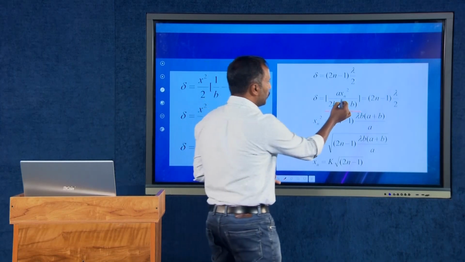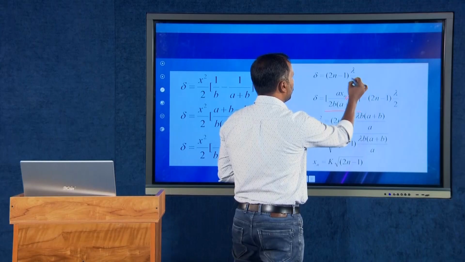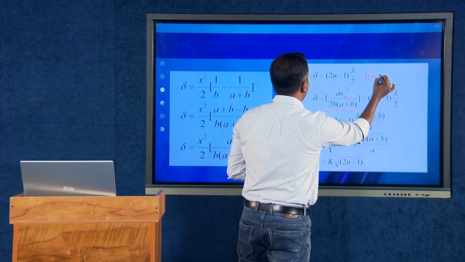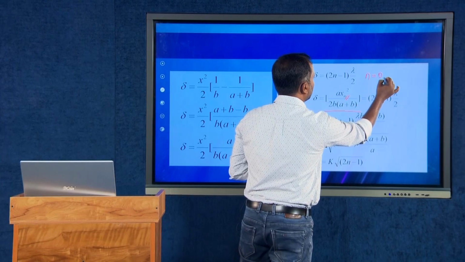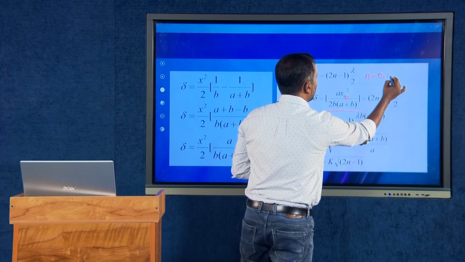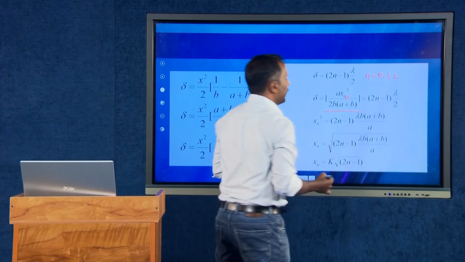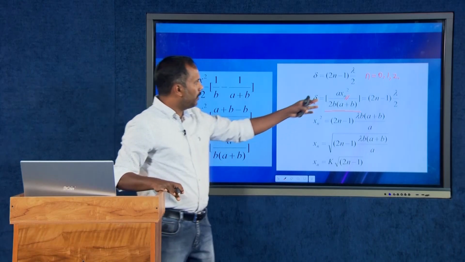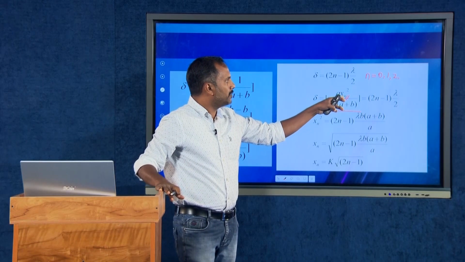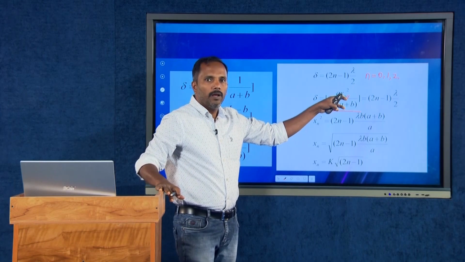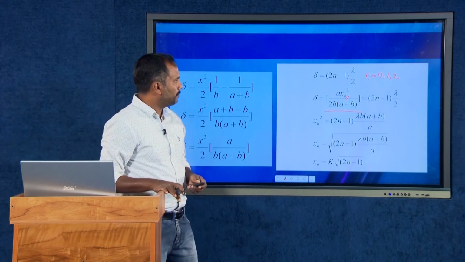Here I am using this xn because the value of n varies as 0, 1, 2, 3, 4 etc. So we will be giving more number of positions, therefore I am taking it as xn. Xn means it is the position of the nth maximum intensity.